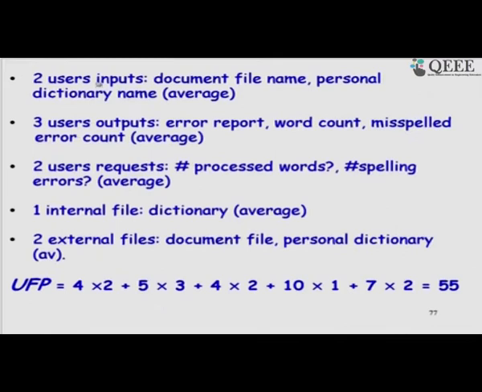So, there are two user inputs, because we have to specify the name of the file. The user should have created the document file and the personal dictionary, and the first thing needed is to give the names of these two files, so that the software can open them.